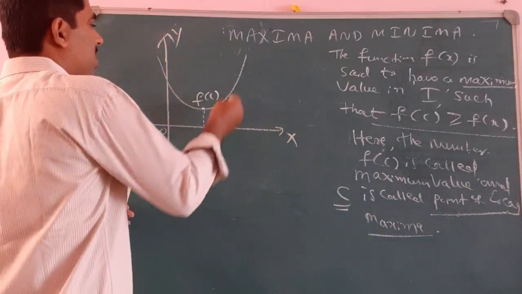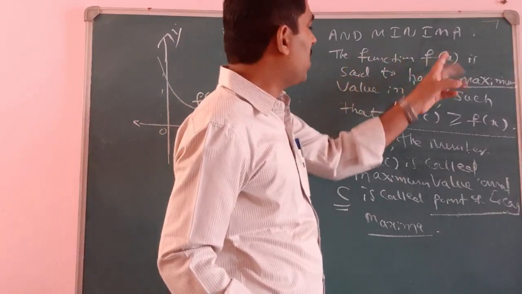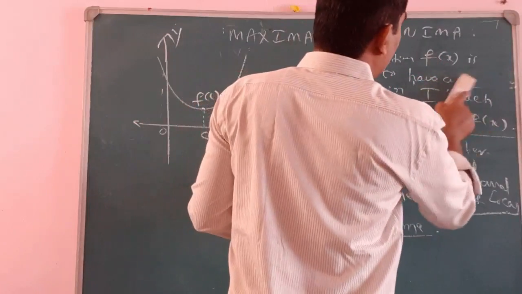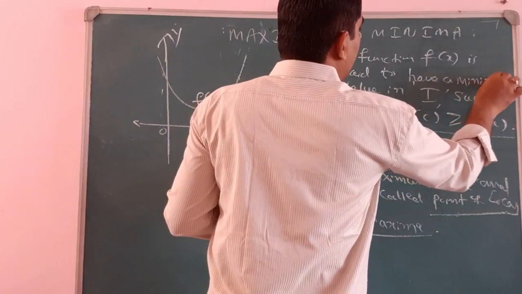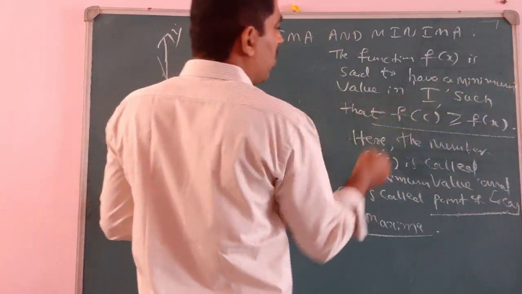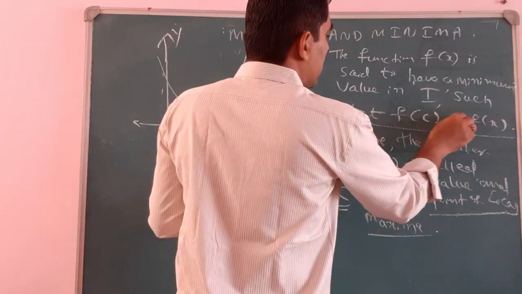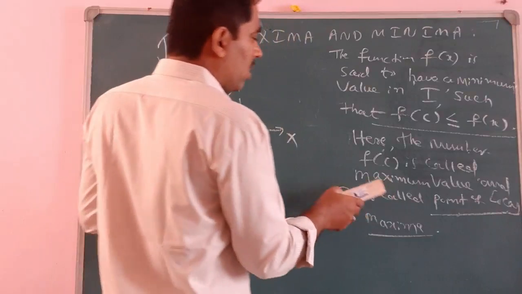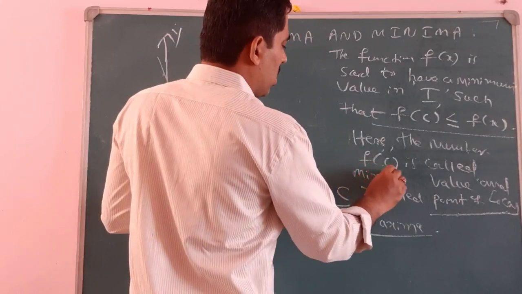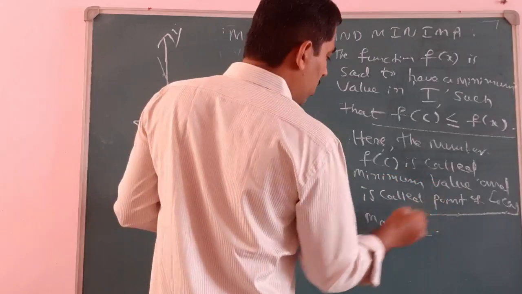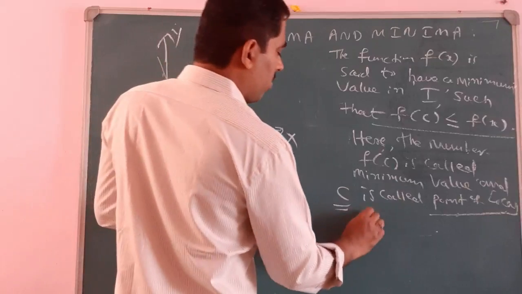In some interval, I have taken some interval here, the function is said to have a minimum value in the interval such that the value of the function at the point c is less than or equal to f of x, and this number f of c is called the minimum value, and the point c is called point of local minima.